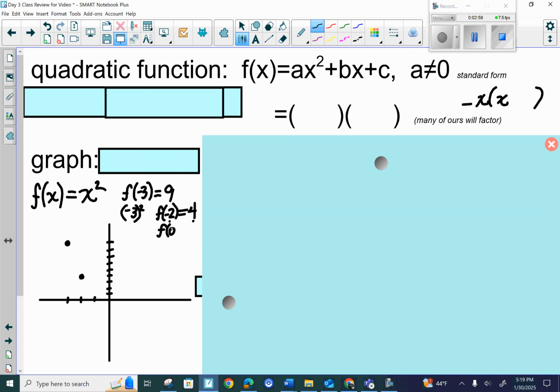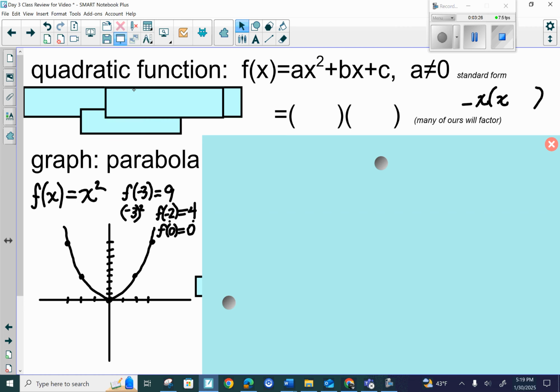If I square 0, I'm going to get 0. Now, if you think about patterns, if I square +2, I'm going to get 4 as well. And if I square 3, I'm going to get 9. So this is the basic shape of all parabolas, or of all quadratic functions, which is called a parabola.